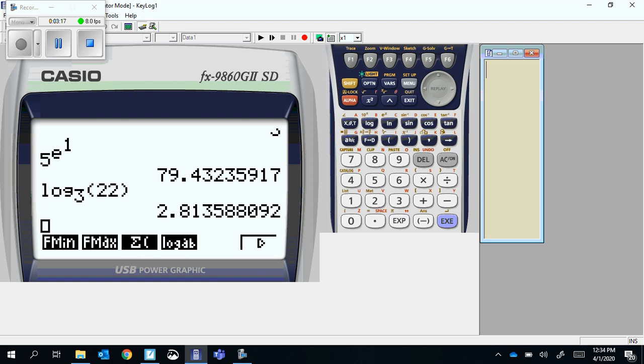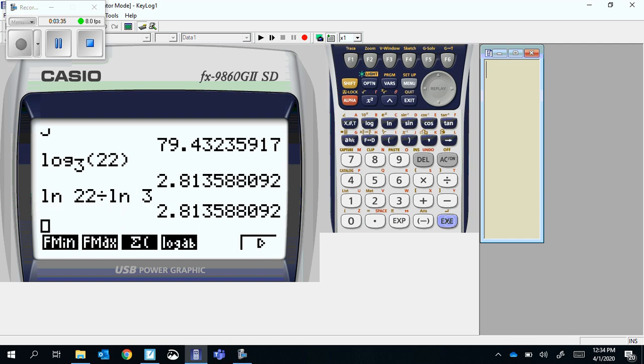But the whole point today is that we're looking at change of base, so we could type that also as a fraction. We could do natural log of 22 divided by natural log of 3. That's the change of base formula, the same thing as what we typed in right there, so we should get 2.8 again, same thing.